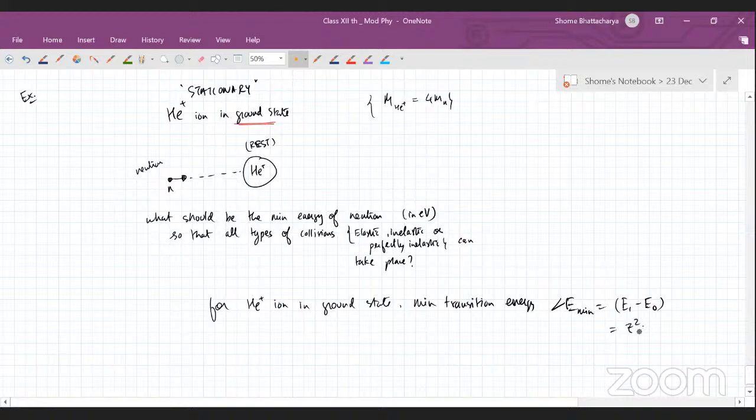So that is Z square into 13.6 into 1 by 1 square minus 1 by 2 square. So 4 into 13.6 into 3 by 4 electron volts. This is the minimum transition energy.